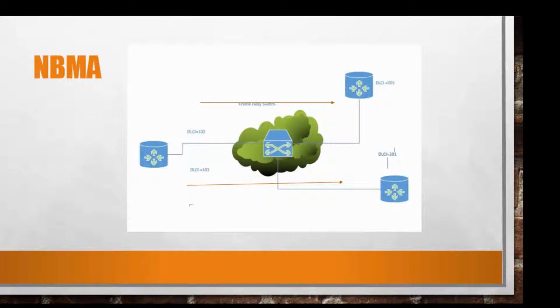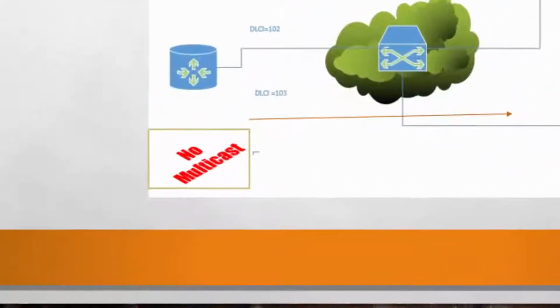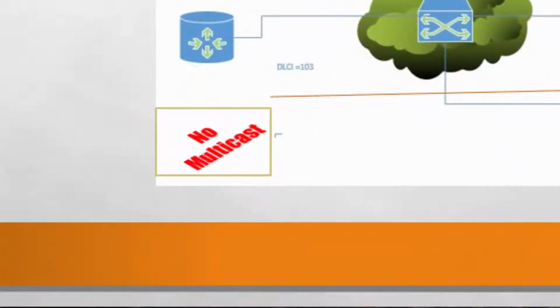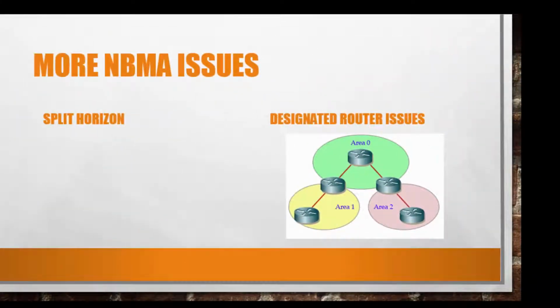You buy the cables, and then the next day you are pulling your hair because it's not working at all in the way that it was supposed to. Why? Because no multicast is allowed in an NBMA network. So that can be a very specific issue, but there can be more issues in the NBMA environment.